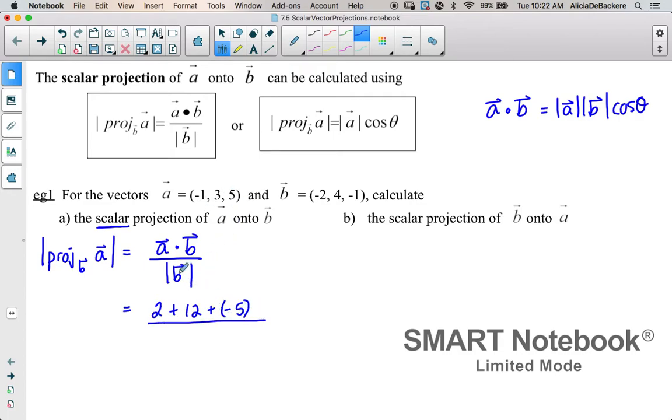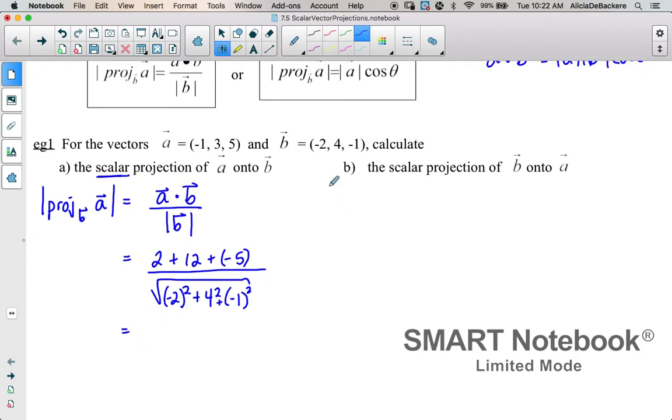And then in the denominator, find the magnitude of vector B. Since vector B is attached to the origin at the tail, all I have to do is square each of the individual components. If it wasn't attached to the origin at the tail, don't forget that to find the magnitude, you'd have to subtract the values of the other point. Oops, plus.